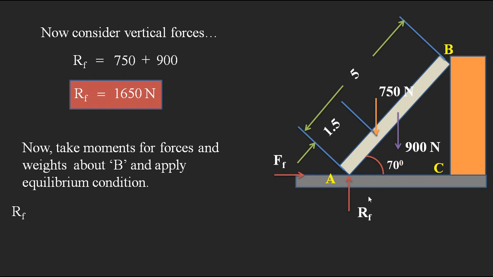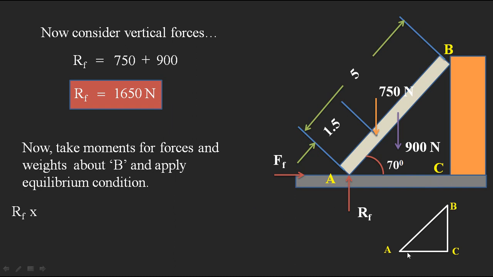The moment of RF with respect to point B: from B, if you draw a vertical line, it will be over the wall only. To this vertical line we need to take the perpendicular distance. To briefly understand, we need to take the distance AC to get the moment of RF here. So RF into AC will give you the moment.